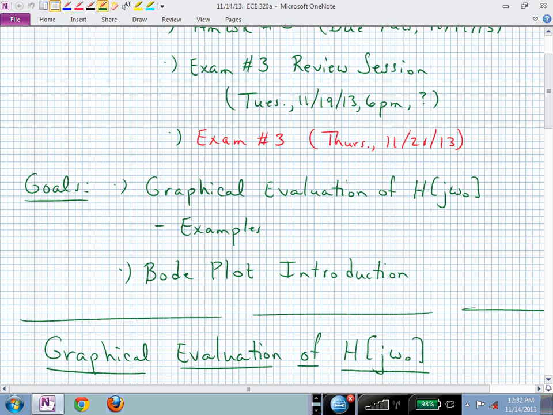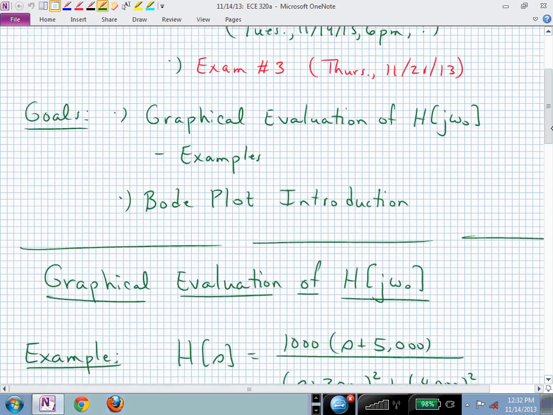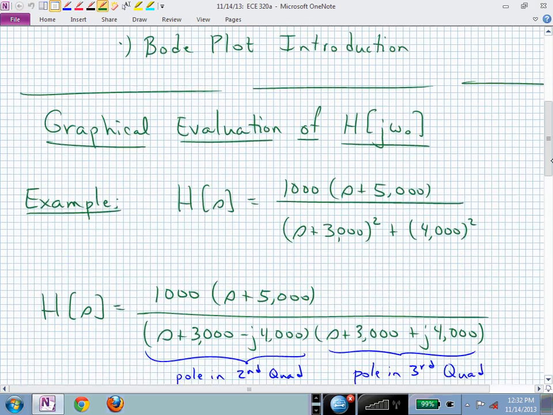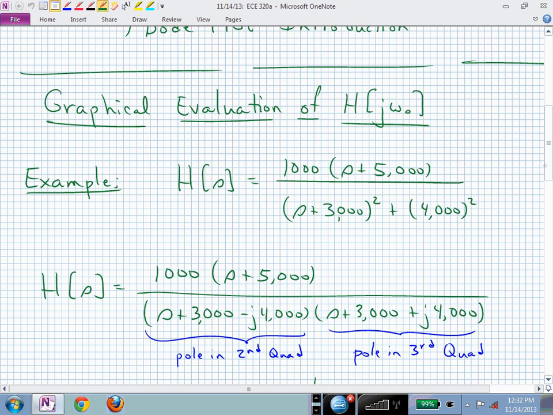That's really what Bode plots are doing. They are simply stepping through this process of determining how our system responds at particular frequencies. That's what H of j omega naught does.